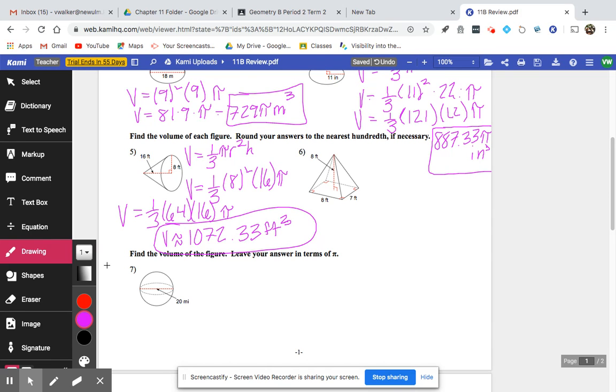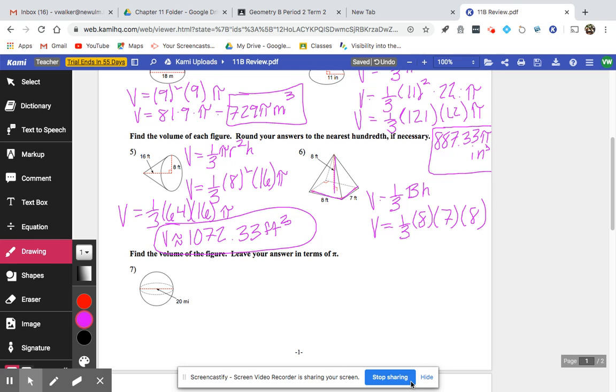Number 6, we have a pyramid. Not a cylinder, we have a pyramid. So volume is 1/3 times capital B times H. Here my base is a rectangle. So we got 1/3. Let's find the area of the base, which is base times height. So 8 times 7 times the height of the pyramid, which is another 8.